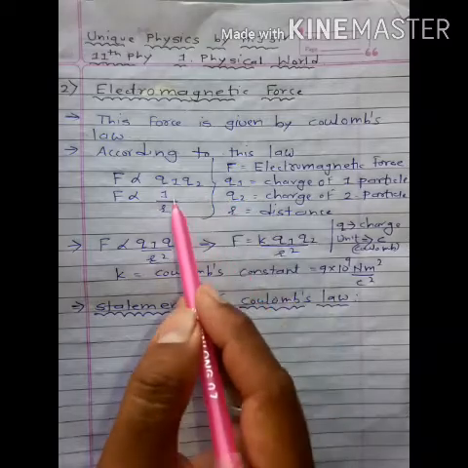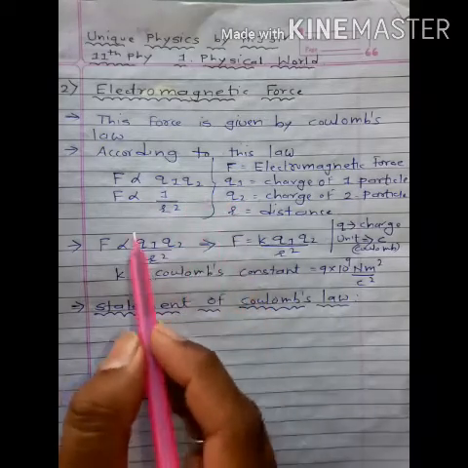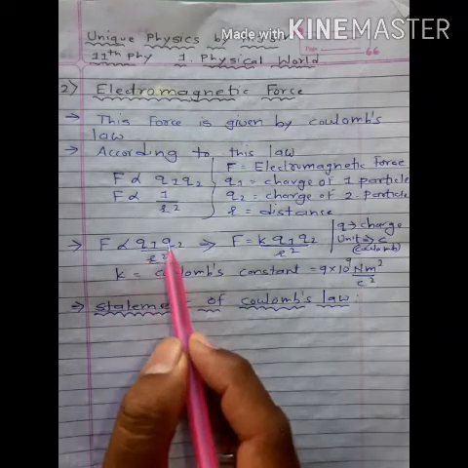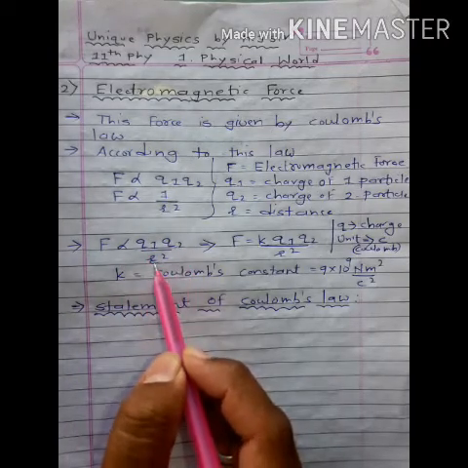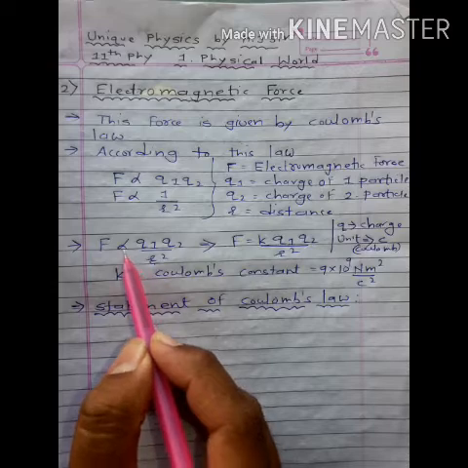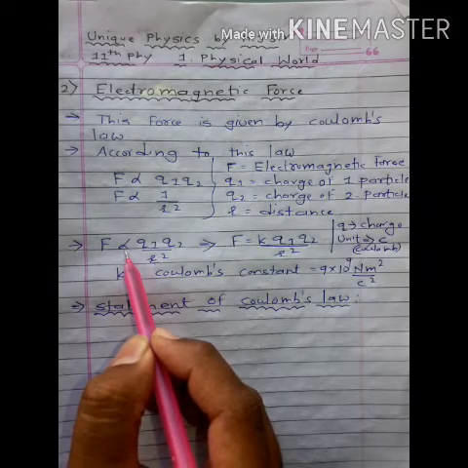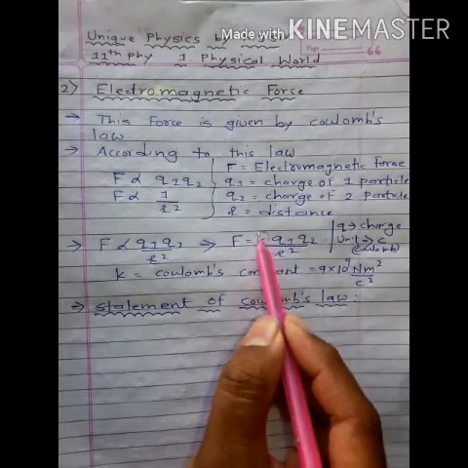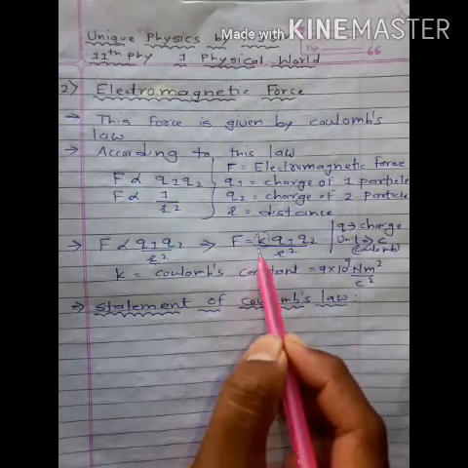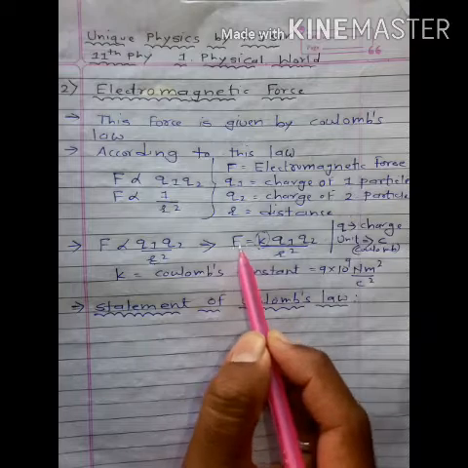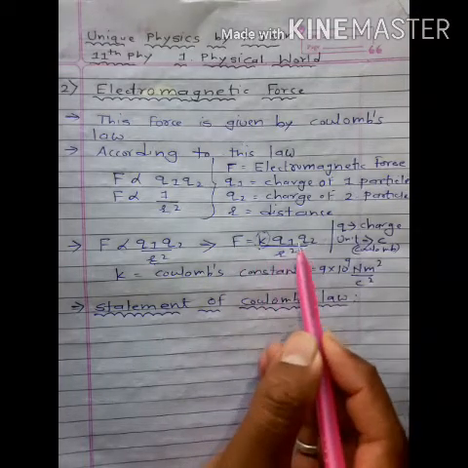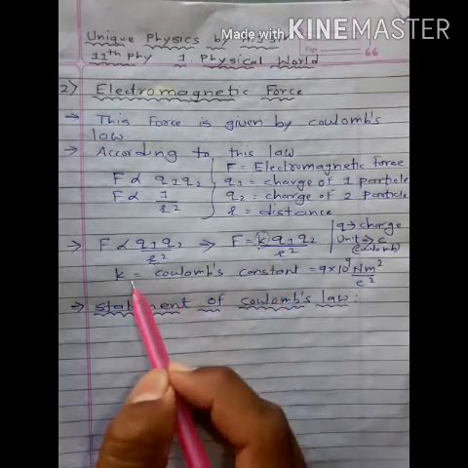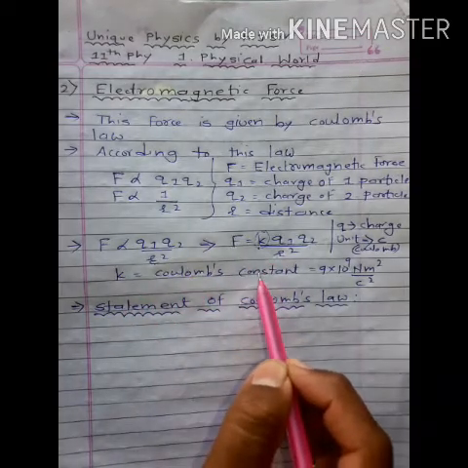Now, if we combine these two relations, then we can say that F is directly proportional to Q1 Q2 upon R square. This is our proportionality sign. If we remove the proportionality sign, we introduce a proportionality constant. So our equation becomes F equals K Q1 Q2 upon R square, where K is known as Coulomb's constant.